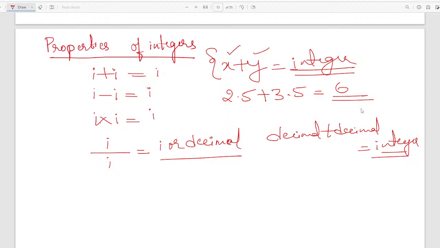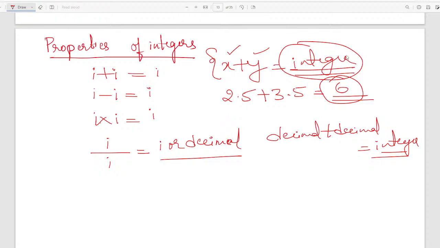So just by seeing the result here as an integer, you cannot conclude whether x or y is an integer. So please be aware of this and don't fall into the trap. If two numbers are integers, the addition, subtraction and multiplication of those two numbers will also be an integer.